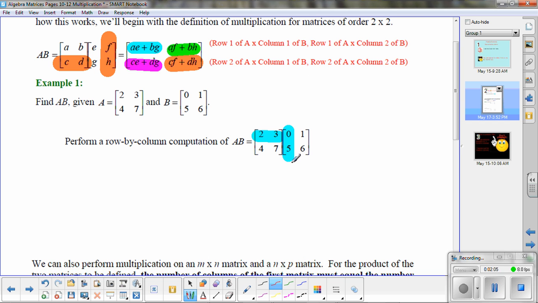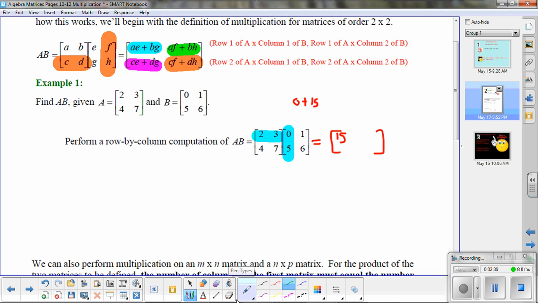So 2 times 0 is 0. And then 0 plus 3 times 5. 3 times 5 is 15, so 0 plus 15, that's what's going to go in the first row, first column. 0 plus 15 is 15.